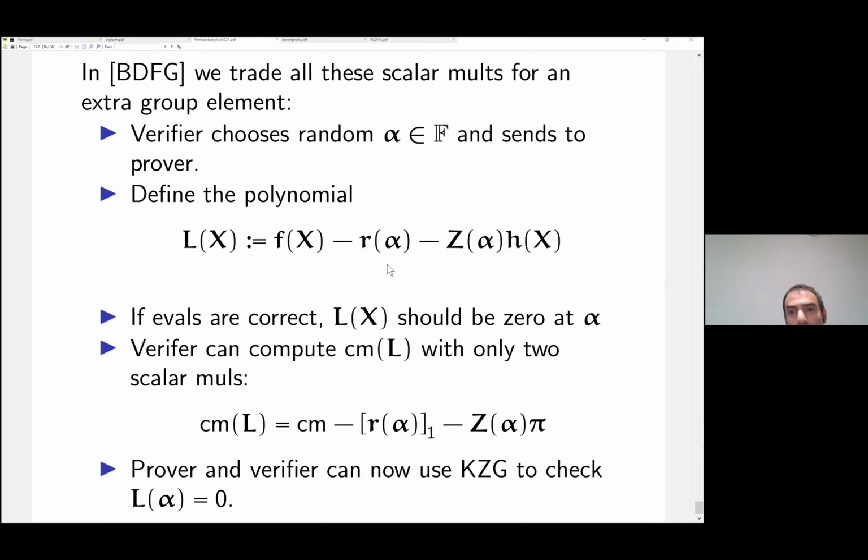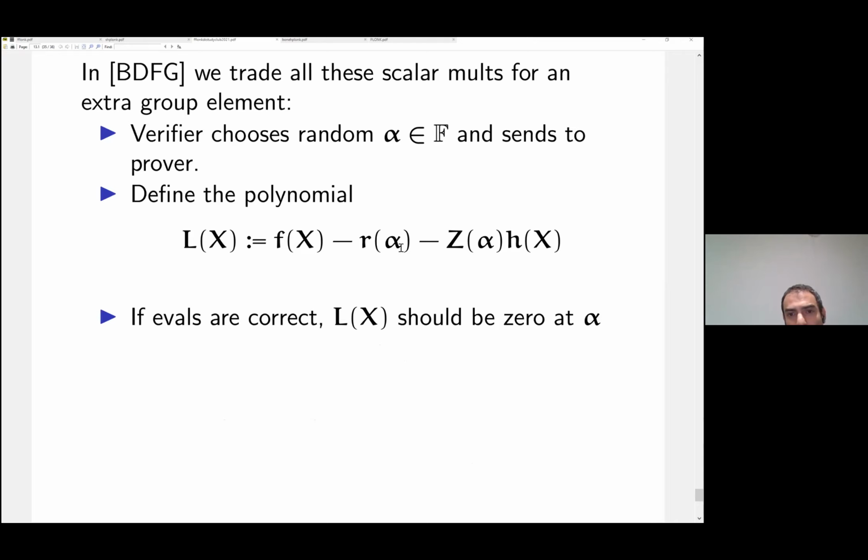At the end, we know that this L, if there were X's here, should be identically 0. And it means that this L, if we evaluate it at alpha, should also be 0. Is it clear? Yeah, it's clear. I was just mixing the S that is needed to do this evaluation of the polynomial and the X number. It's okay. Thanks. Cool.